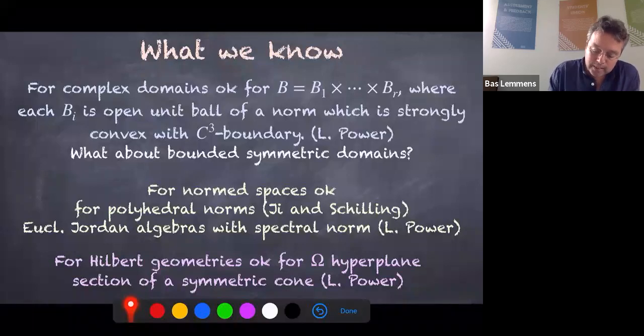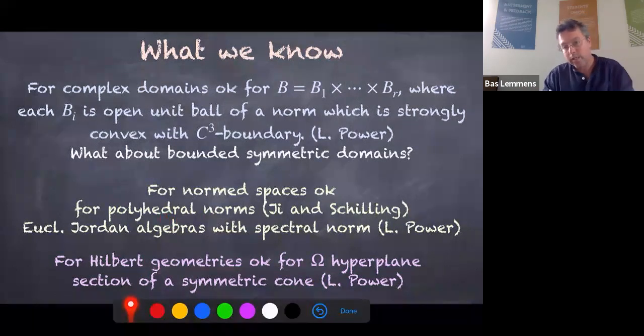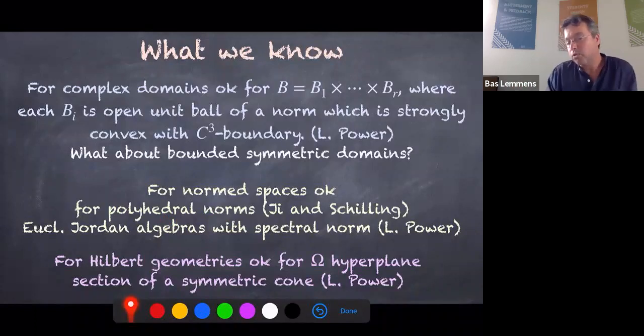For normed spaces, I should say that in that case the problem was already posed by Kapovich and Leeb, although they didn't talk about parts, but I think they had a sense of this partitioning in another way. I have to admit, I don't fully understand the content of their paper, but they posed the same question, and it was proved by Ge and Schilling for polyhedral norms that you indeed have a natural homeomorphism to the dual ball.